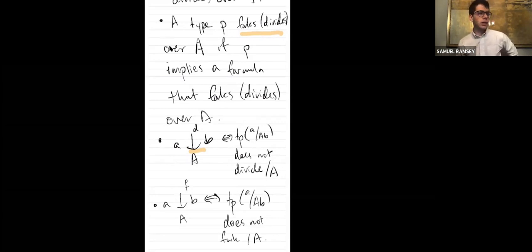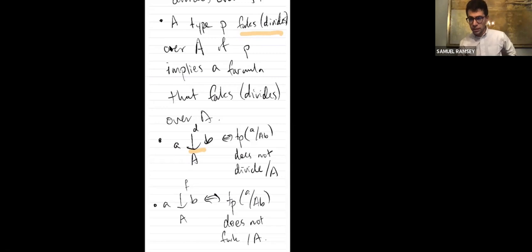I mean, I can't use the parameter b to trap a into a small set. Of course, using b, I can say more than I could just using the parameters in A. For example, I can say that a is not equal to b, but almost everything's not equal to b. That's not particularly interesting information. The thing that I can't say is like a equals b, because if I said a equals b, then I'm learning lots of new information about a that maybe capital A didn't know.